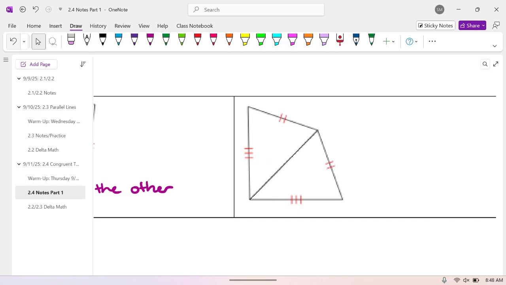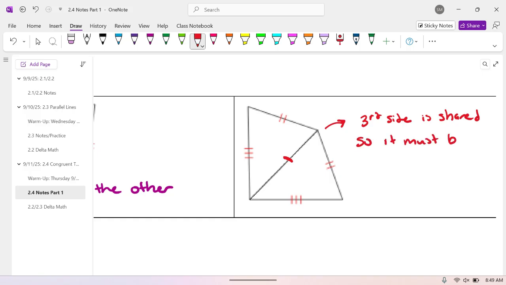Logically speaking, if it's the same side, it's obviously congruent to itself. Now we're going to learn in just a second what that property is called. But that third side is shared, so it must be congruent to itself. All right, so even though we only see two sides that are marked as congruent, since it shares that side, we can assume that it's the same side, it's congruent to itself.